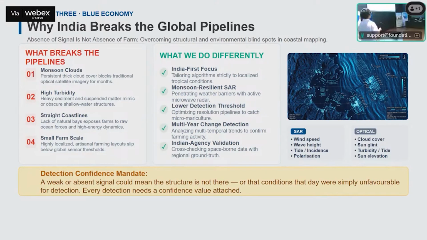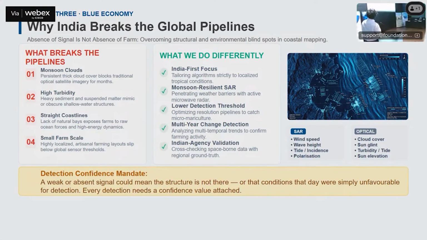If we use satellite data and the water is too turbid, with too much sediment in the water, then from the satellite it looks like a seaweed farm, which creates cases of false positives and false negatives.